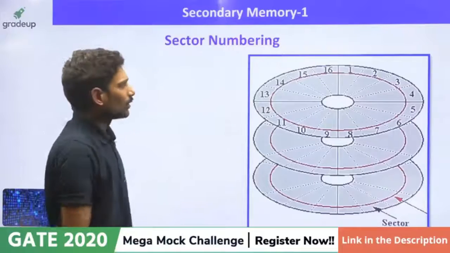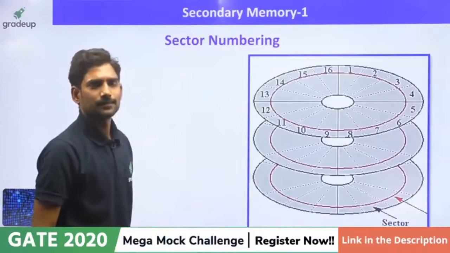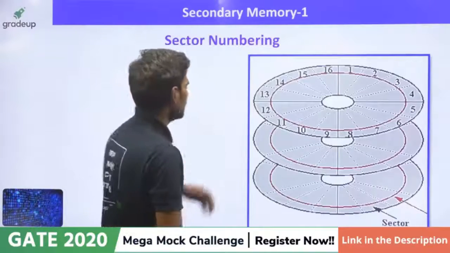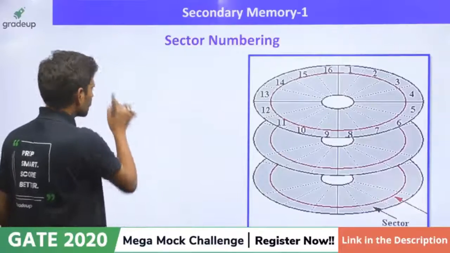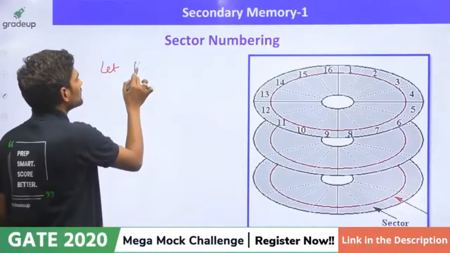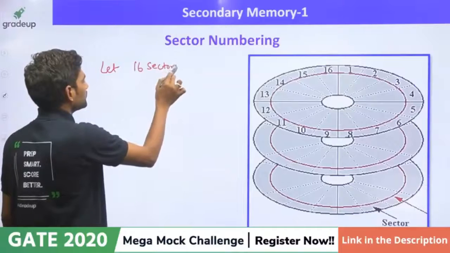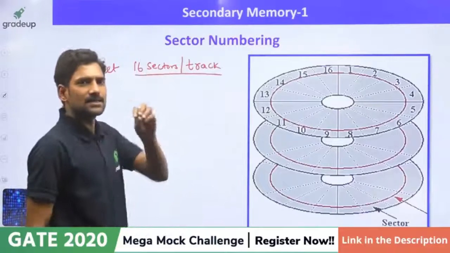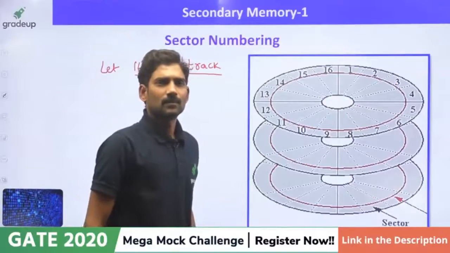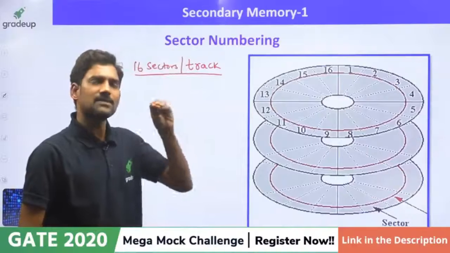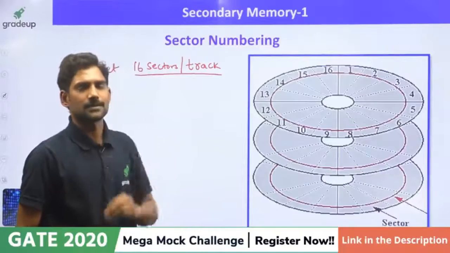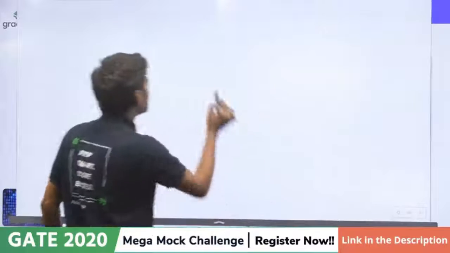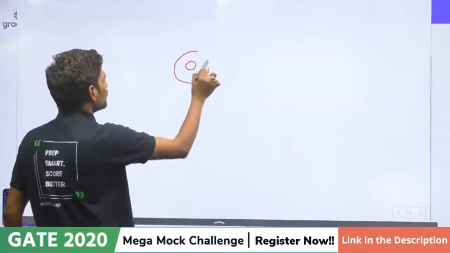Now, how do we number the sectors? Here you can see, let us say there are 16 sectors per track. Sir, will every track have the same number of sectors? Yes. Please observe this. This is the innermost track.